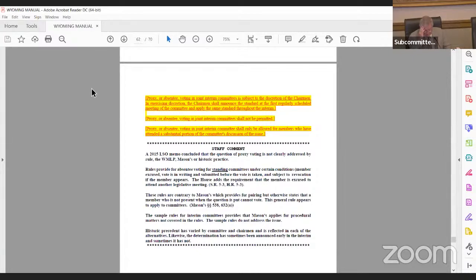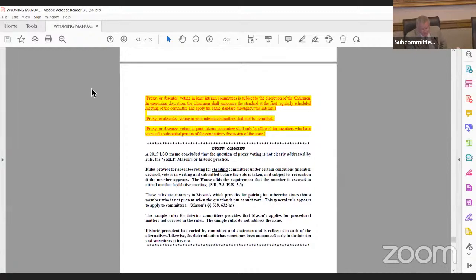And really, you could address them completely and say proxy voting is not allowed at all. Absentee voting, leaving your vote and requiring a written vote, so it's not proxy voting on certain things, Mr. Chairman.